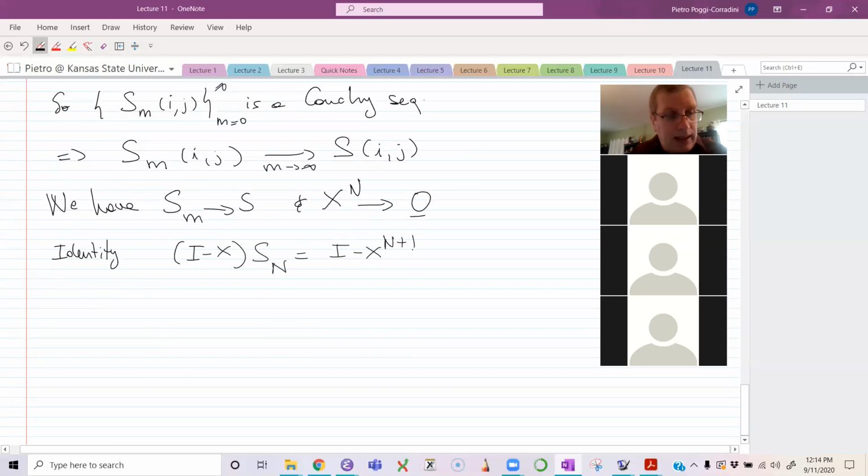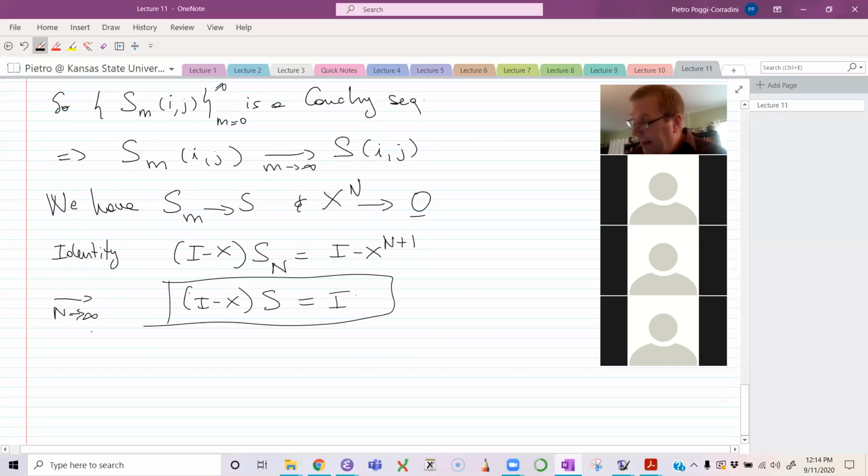You can take that identity and just let n go to infinity. And we're going to get (I minus X) S equals I. Right, so this limiting thing, S, is the inverse of I minus X.